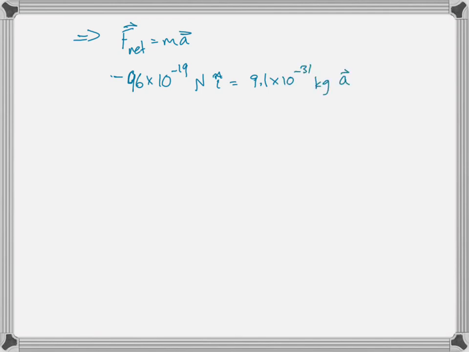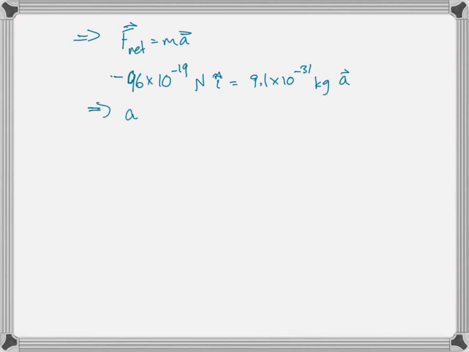Okay, therefore, we had F net equals ma: minus 96 times 10 to the minus 19th newtons in the x direction is equal to the mass of the electron, 9.1 times 10 to the minus 31 kilograms, times the acceleration of the electron.